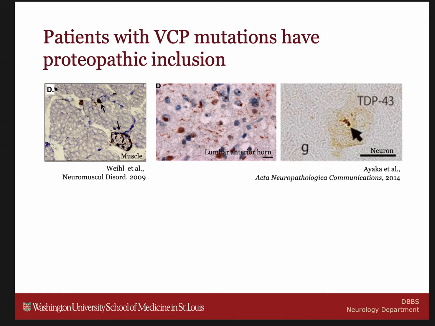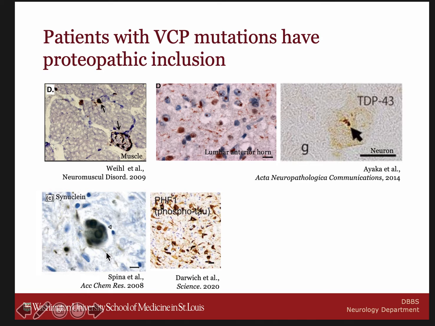It can affect many different tissue types, including muscle, brain, or the bones. One of the common features of VCP patients is that they all have proteopathic inclusions, including TDP43, as demonstrated by neurons over here. And recently they found that it can cause alpha-synuclein inclusions or tau inclusions in the brain as well.